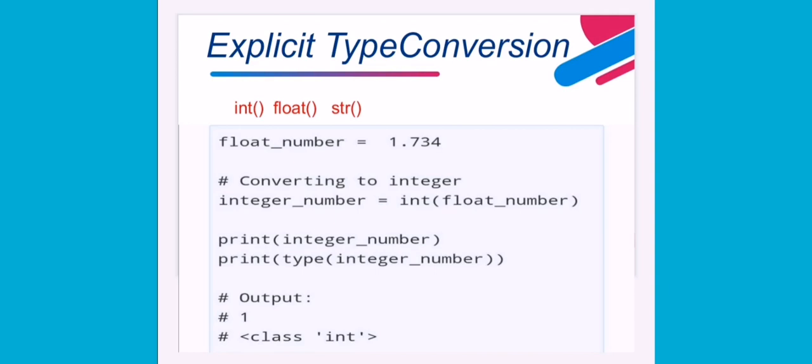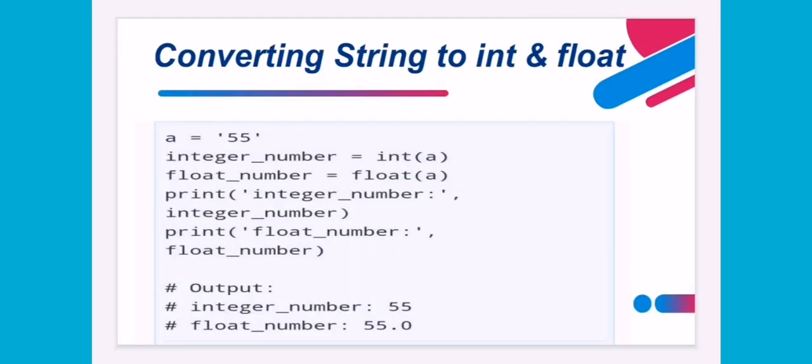Converting a string data type to integer data type or float data type. We can easily convert a string to integer and float using int and float respectively. Here in this example, you can see the variable a equal to 55. 55 is a string, not an integer.